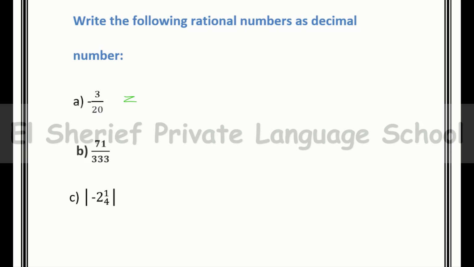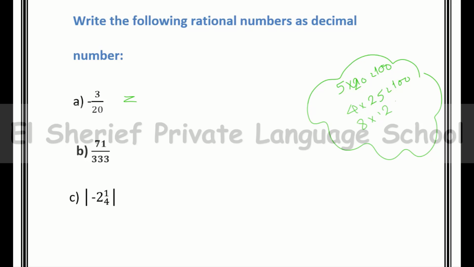Okay, before that, remember: 5 times 20 is 100, and 4 times 25 is 100, and 8 times 125 equals 1,000.